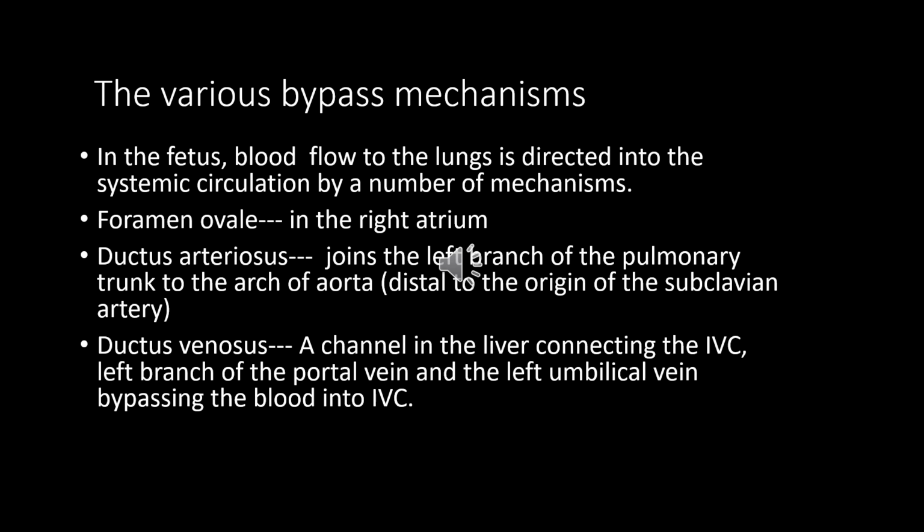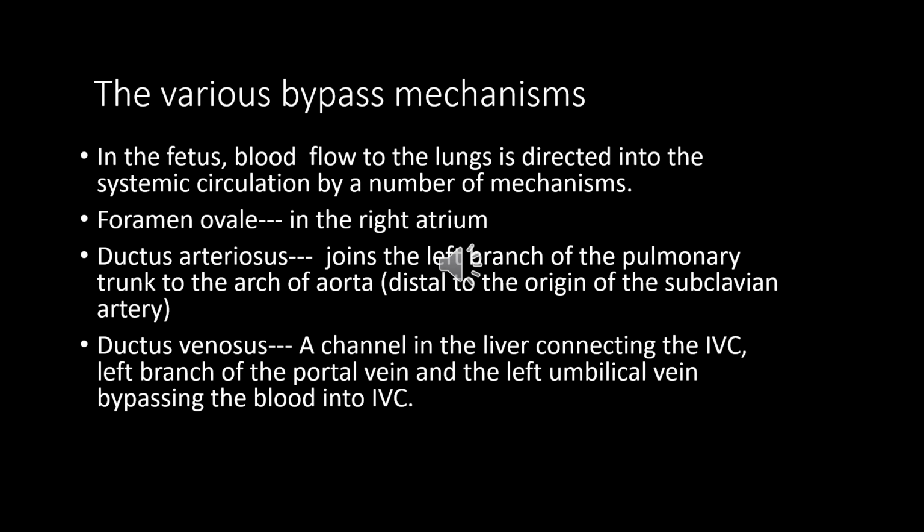As we are here, a small information about the various bypass mechanisms. The philosophy is that the pulmonary circulation has to be reduced, and much of the blood, as much as possible, should be shunted into systemic circulation, because many of the organs, especially the brain, are developing and require more blood.